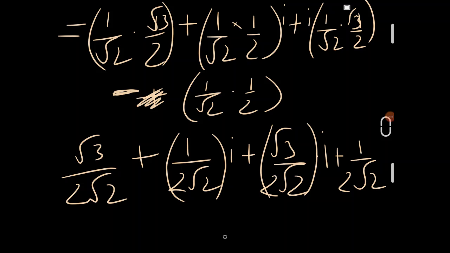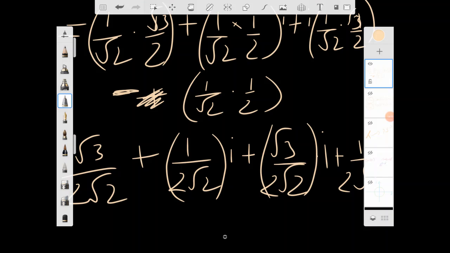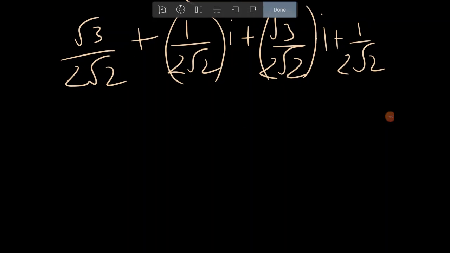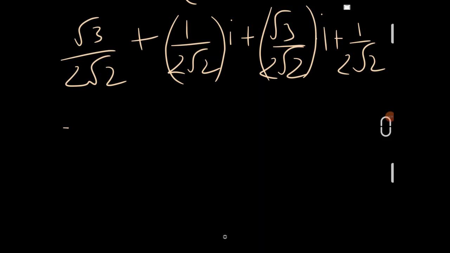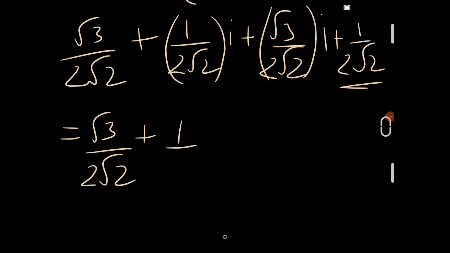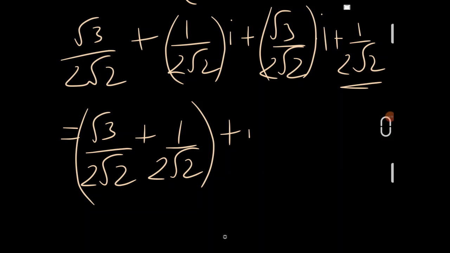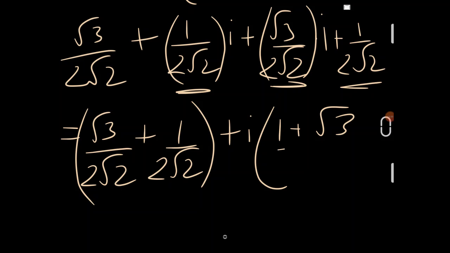So let me group the real terms together and the i terms together. The real part will be root 3 plus 1 by 2 root 2, and the imaginary part will be i into 1 plus root 3 divided by 2 root 2.